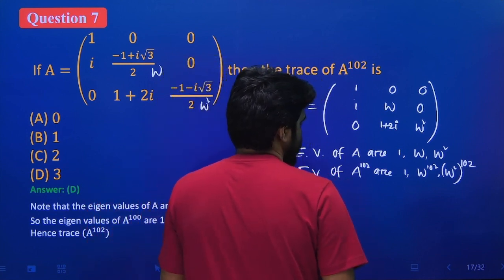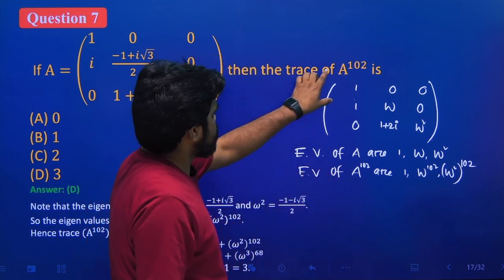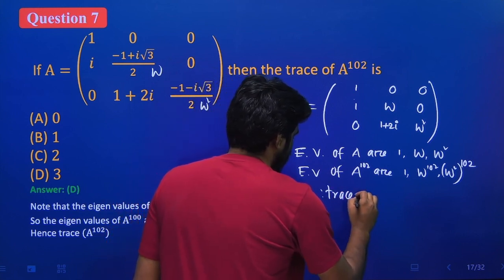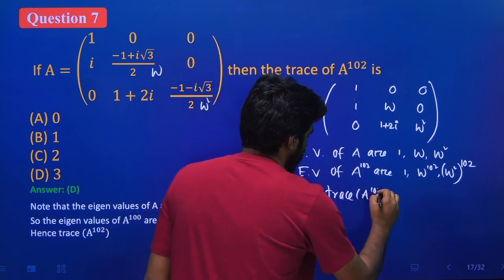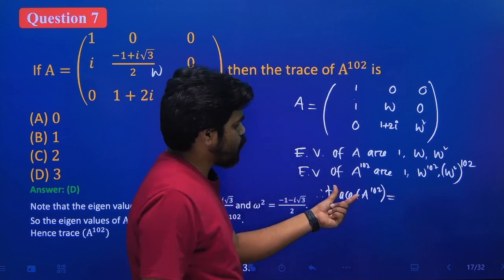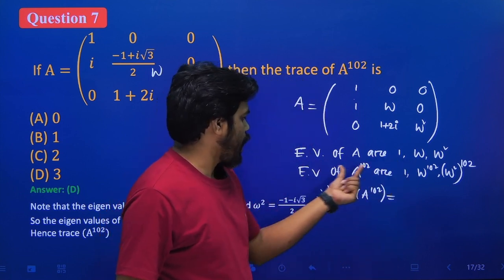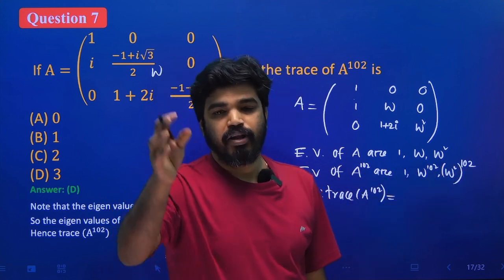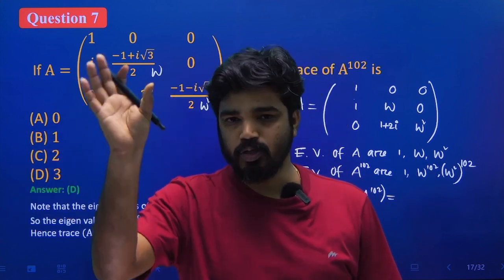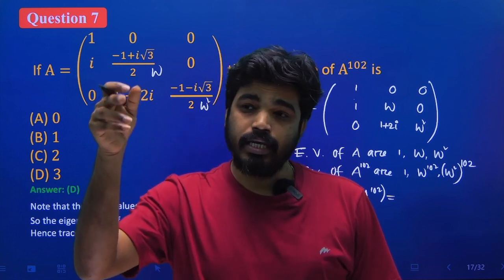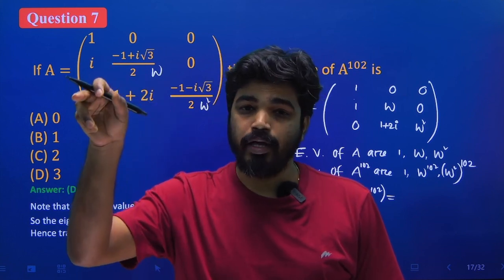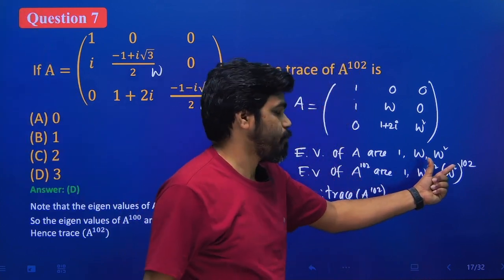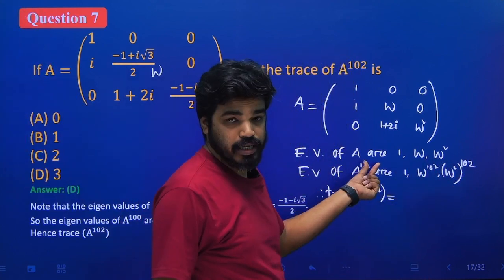We know that if lambda 1, lambda 2, lambda 3 are eigenvalues of A, then the eigenvalues of A to the power m will be lambda 1 to the power m, lambda 2 to the power m, lambda 3 to the power m, right? So here m is 102.